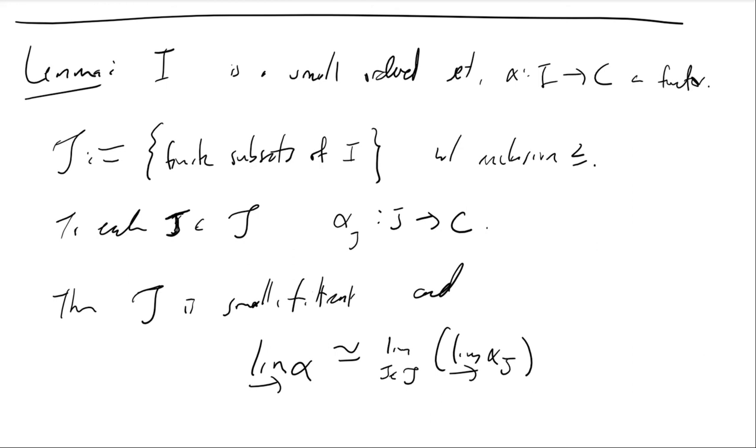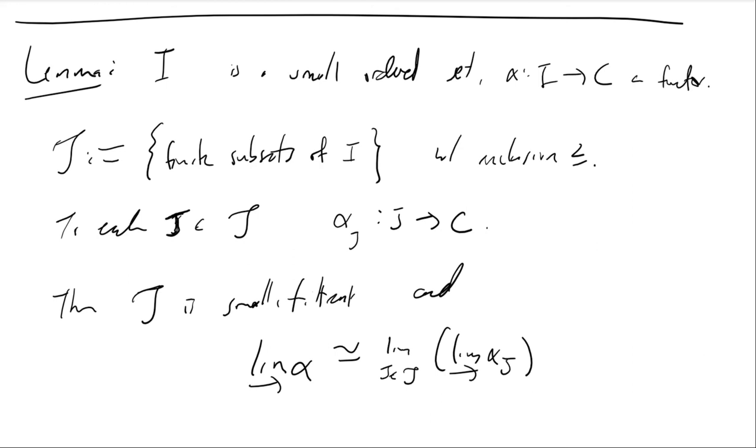But the important thing to understand here is just to look at what this formula is saying. I'm taking the limit of alpha and decomposing it into a limit over this category J, and we're seeing that J is small and filtrant, and then the limit over the restrictions, where this restriction is just a finite inductive limit, because all these J's are in particular finite sets.